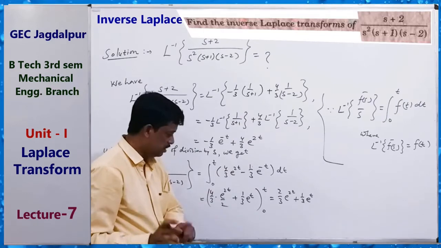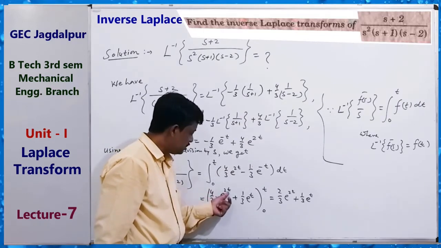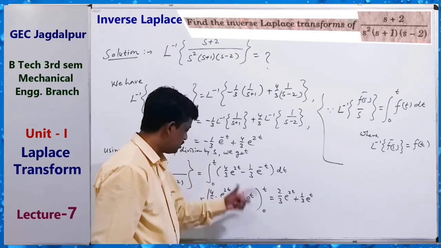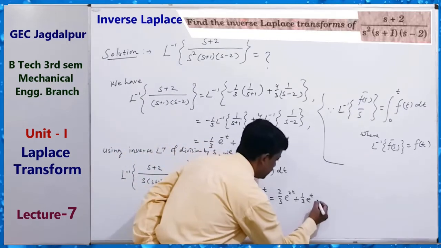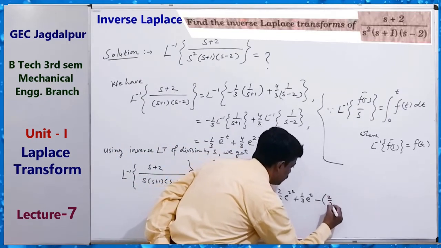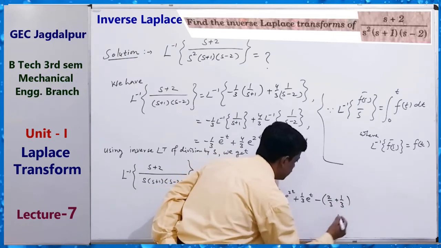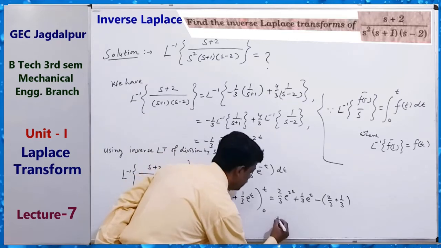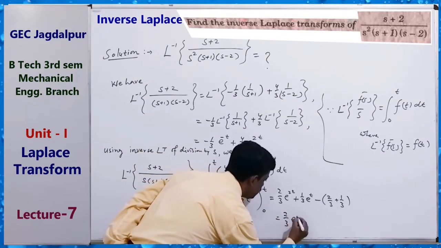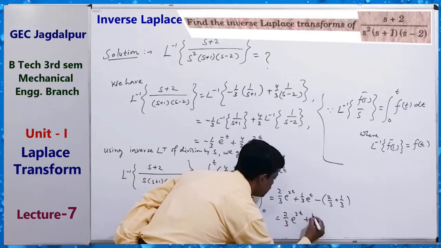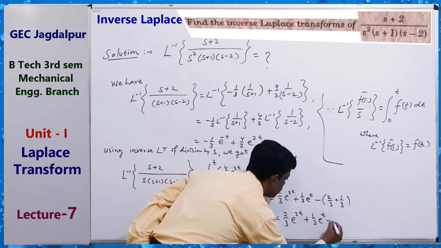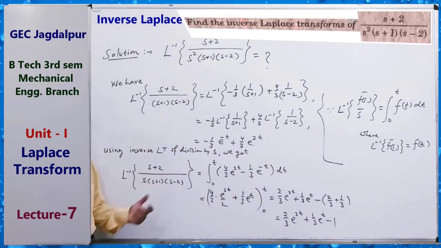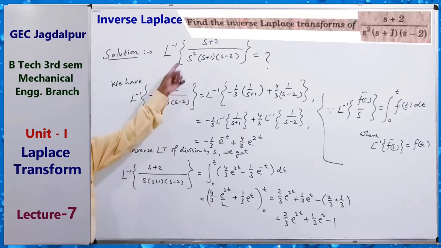This minus e to the power 0, which is 1, so 2 by 3 plus 1 by 3, minus 2 by 3 plus 1 by 3. 2 by 3 plus 1 by 3 means 1. So finally we get 2 by 3 e to the power 2t plus 1 by 3 e to the power t minus 1. So this is the L inverse of this, but we have to find it for s square.